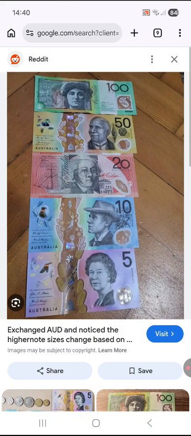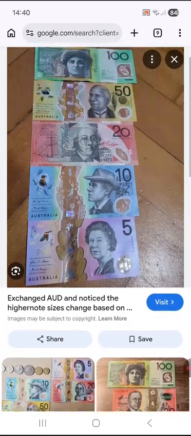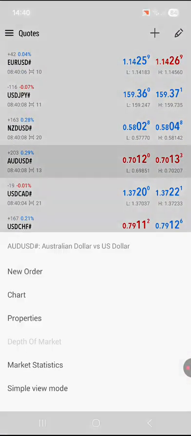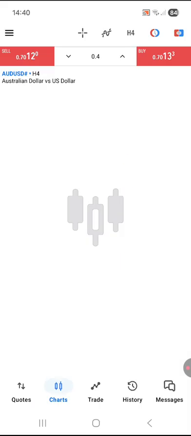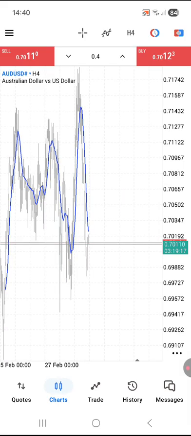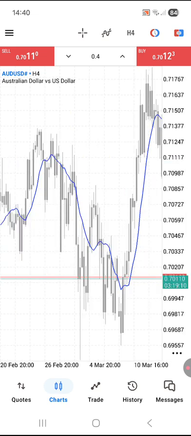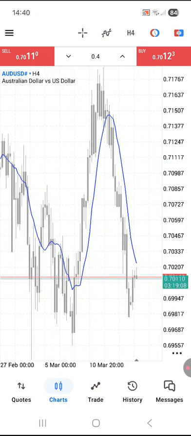And so what is the exchange rate for Australia? Australian dollar, let's pull up the chart here. How many United States dollars does it take to buy one Australian dollar? Well, it takes 0.70 dollars, so 70 cents United States dollar in order to buy one Australian dollar.